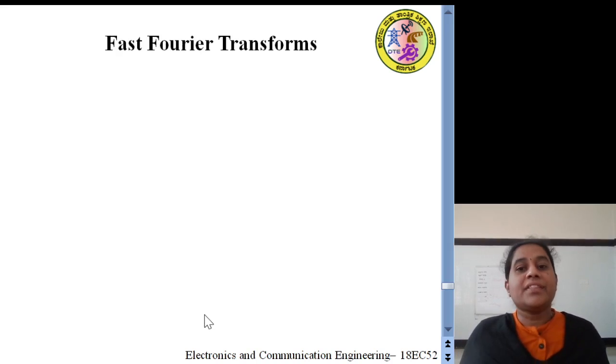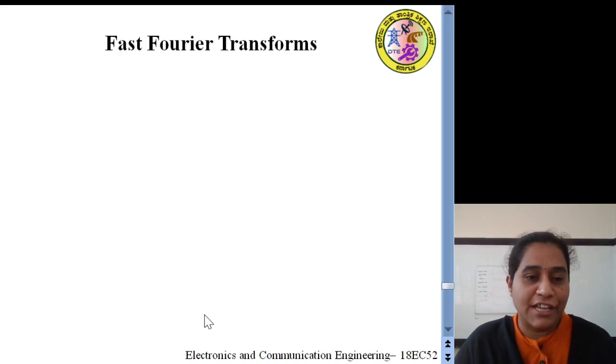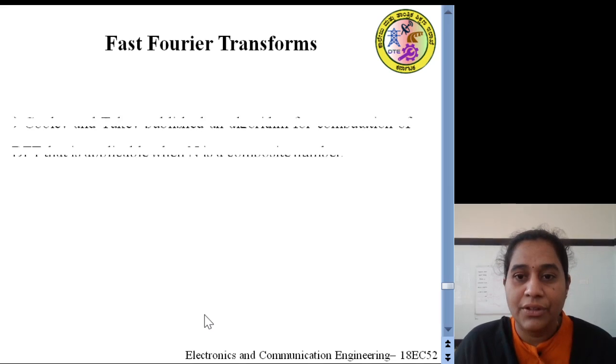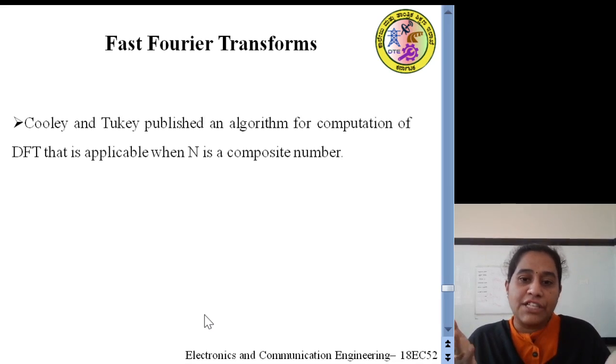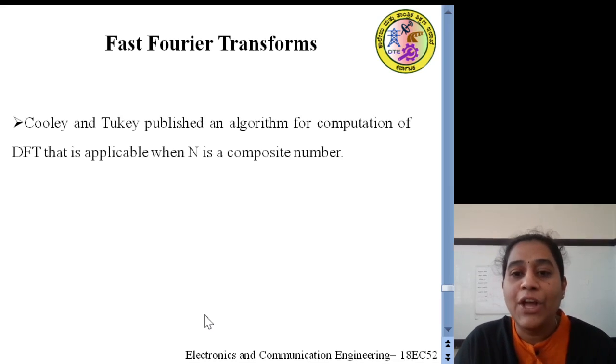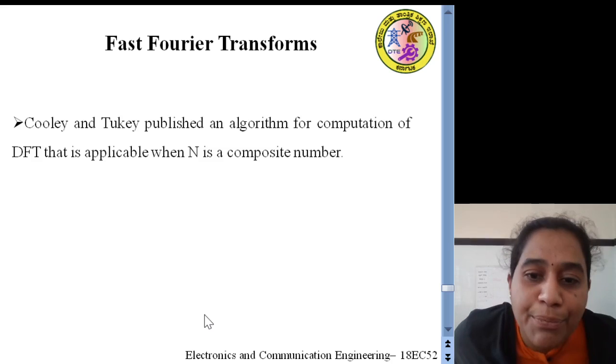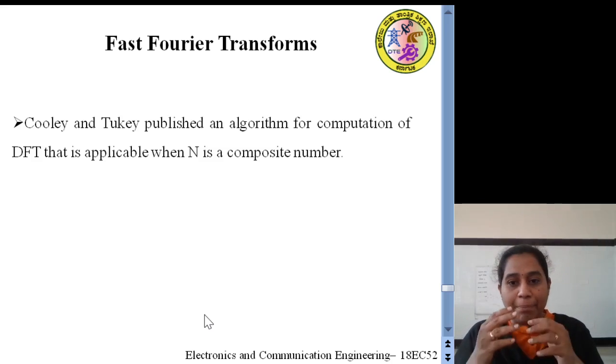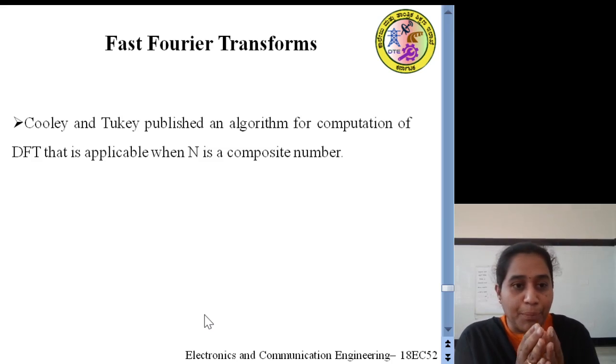So now let us look at the fast Fourier transforms. This fast Fourier transform algorithm was published by Cooley and Tukey for computation of DFT, applicable when N is a composite number.